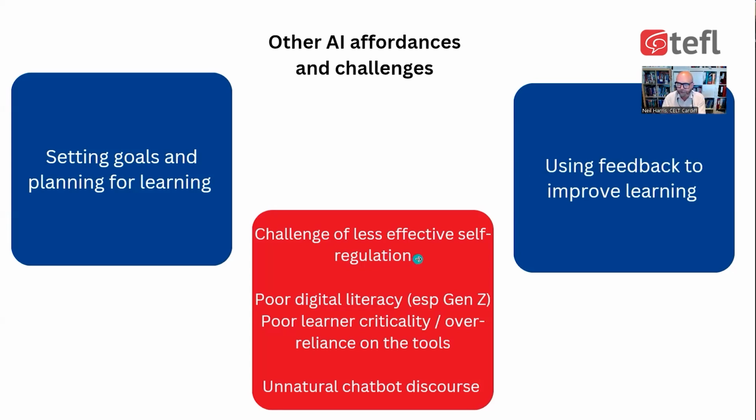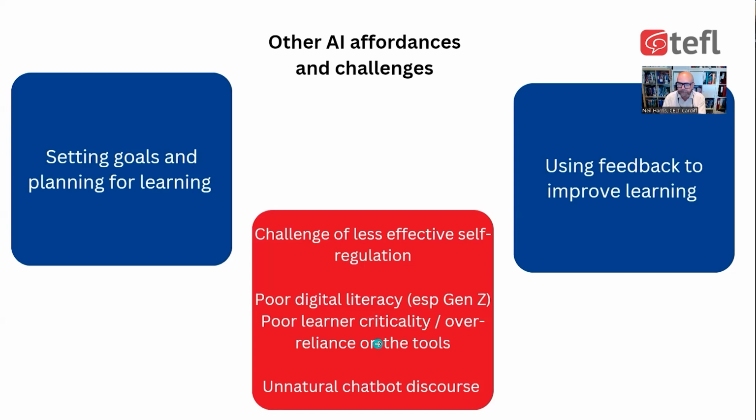But as the article suggests, there are those dangers as well. There's the challenge of students who are able or unable to regulate their learning effectively. There is the reality that younger learners, Gen Z, although they are very happy working on their mobile phones, may actually lack deeper levels of digital literacy than students who are older than them at their age.